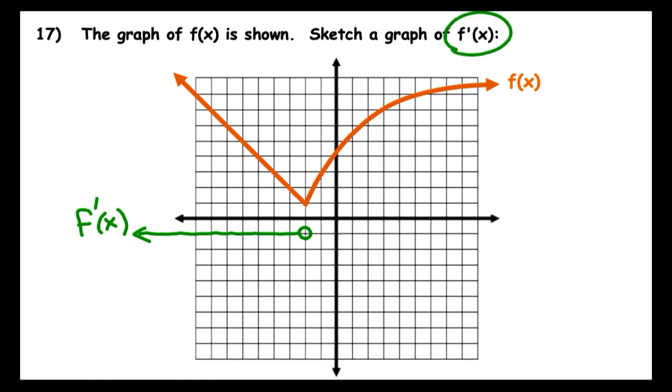Then the derivative sort of changes. As you can see, right here, the slope is probably right about 2 or so. By the time I get to right about here, looks like the slope is only right about 1. By the time I get here, the slope is maybe 1/4 or so, or 1/8. In fact, the slope is heading towards 0.